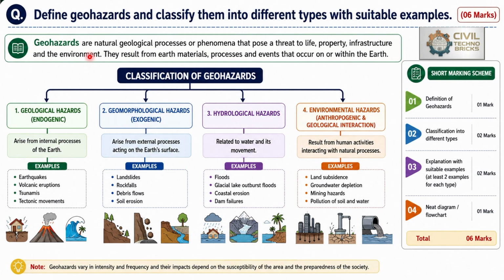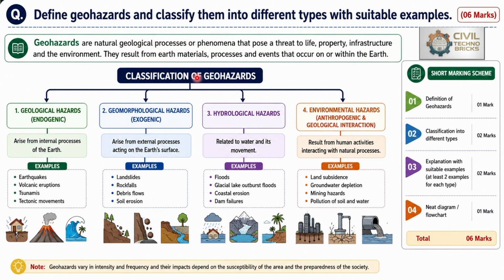Geohazards are natural geological processes or phenomena that pose a threat to life, property, infrastructure and the environment. They result from earth materials, processes and events that occur on or within the earth's surface, which is a most important study from the civil engineering point of view, as we are the creators. So we have to understand that geohazards are natural geological processes.